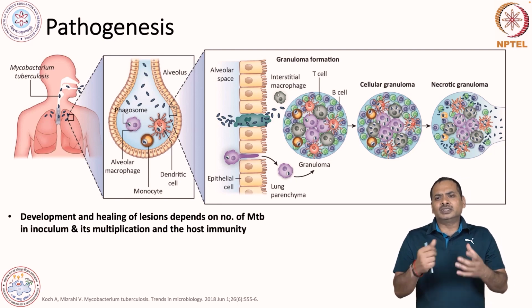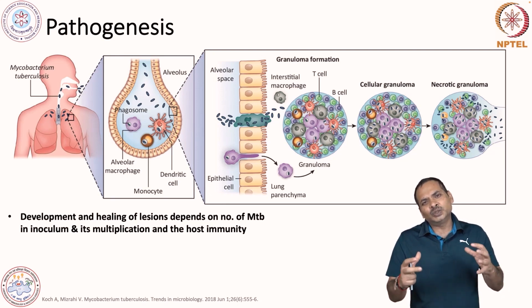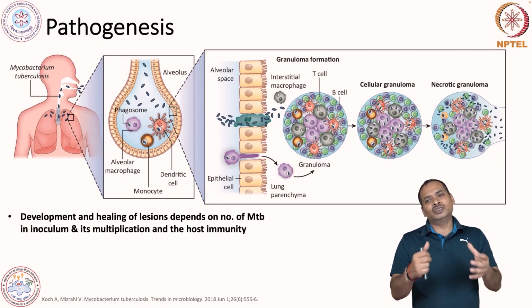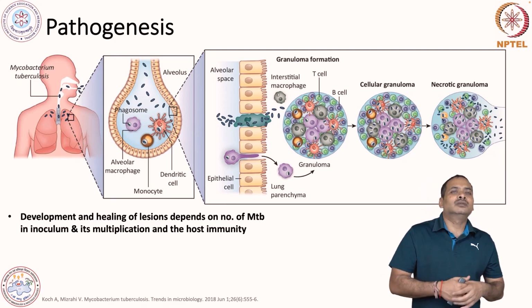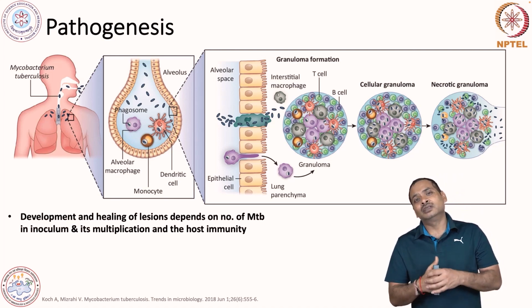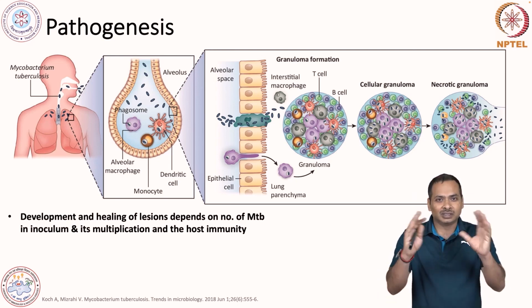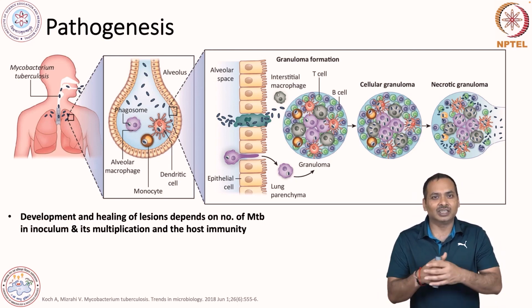So this is initially how the body tries to contain the infection, but if the infection is greater and the bacteria are stronger, then they will burst out and be released from this encapsulated structure known as the granuloma.